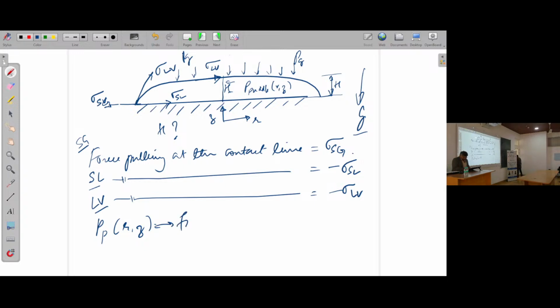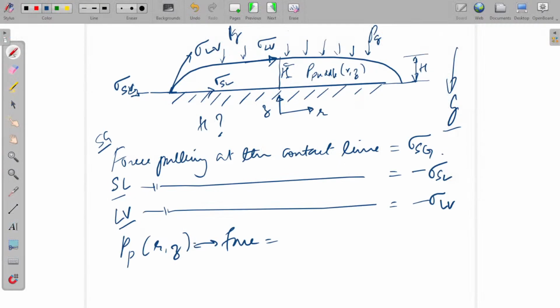The force would be something like pressure into some area, over a certain height z and a certain unit width. So I can write the force per unit length as the integral from 0 to h of P puddle dz.